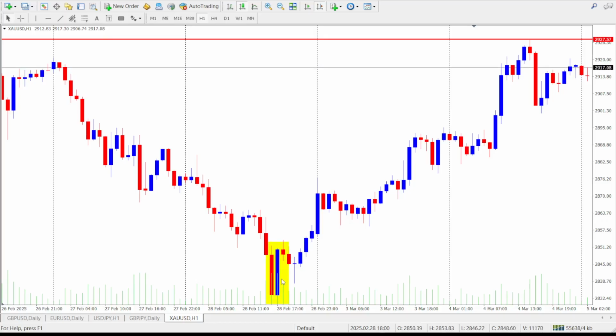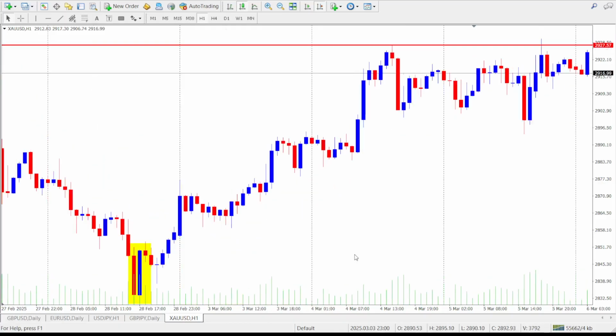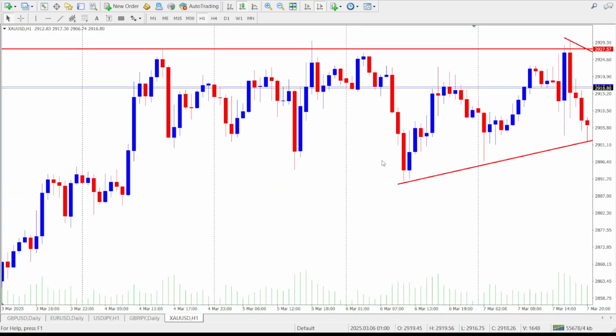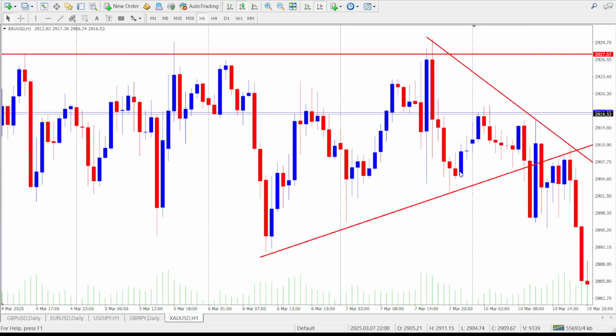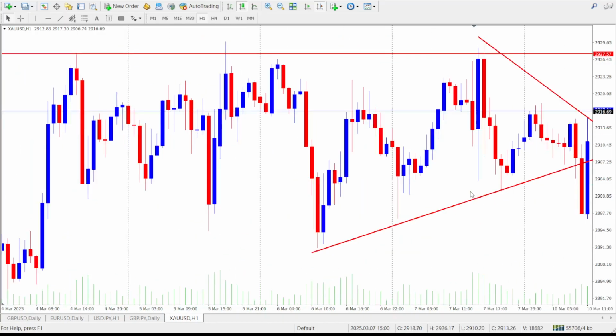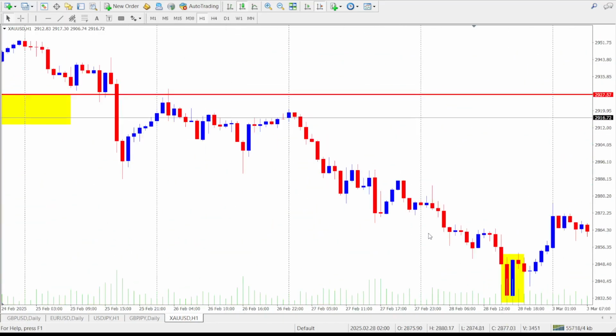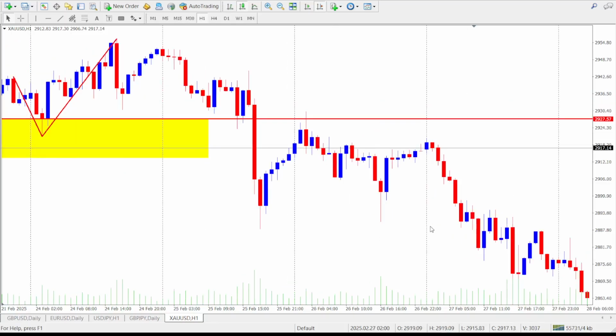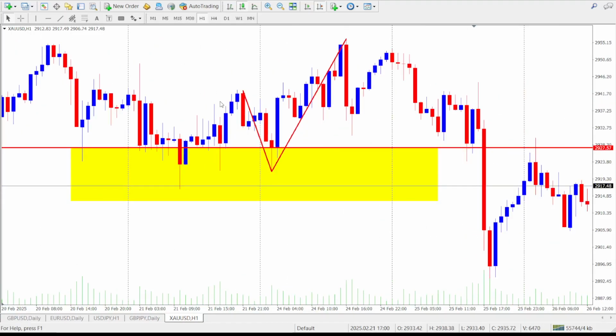This signals strong buying momentum. A bearish engulfing candle, on the other hand, does the opposite. It's when the red candle completely engulfs the previous blue candle, and you can see an example here.